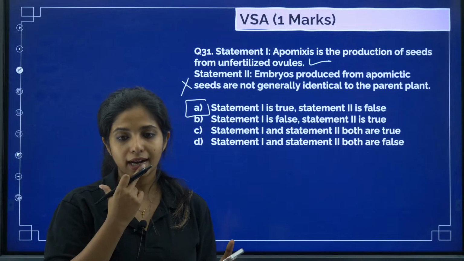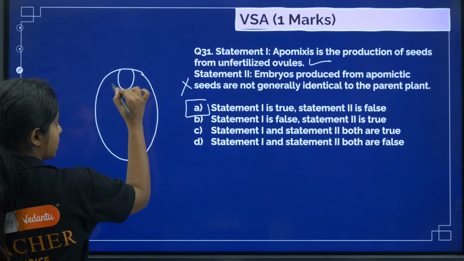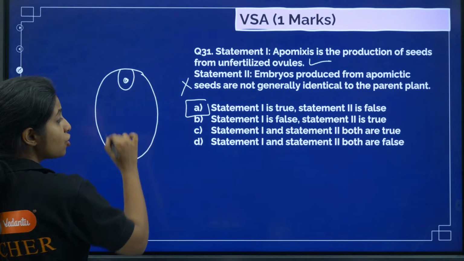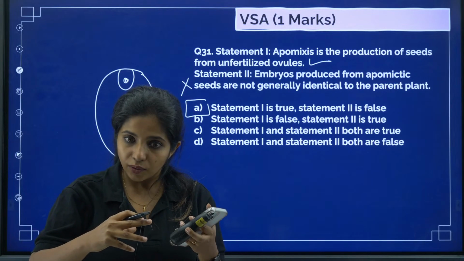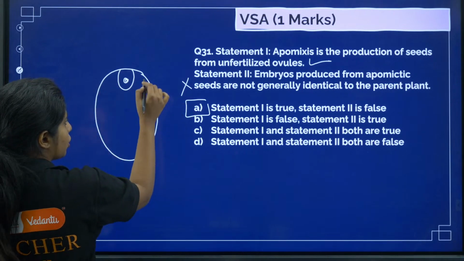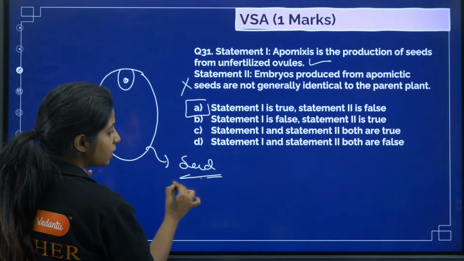Why, I'll tell you. I told you, this is the embryo sac where the egg cell is there. This egg cell is not fusing with the other parent's male gamete. This whole thing is just going to become the seed, my dear children.